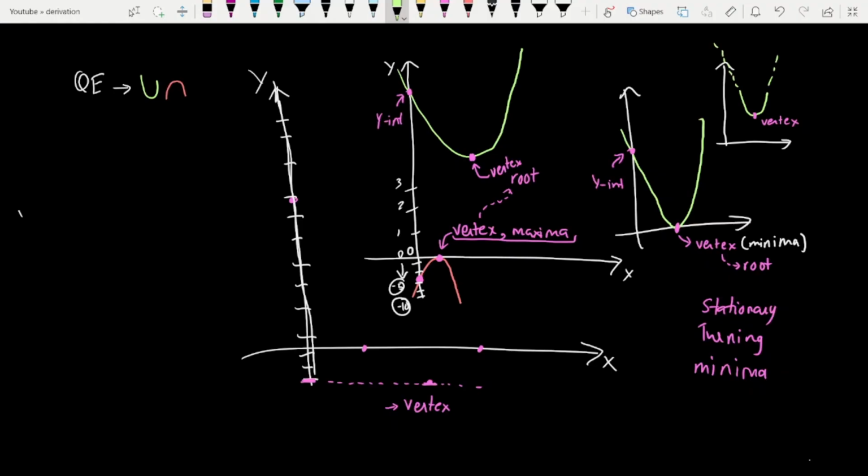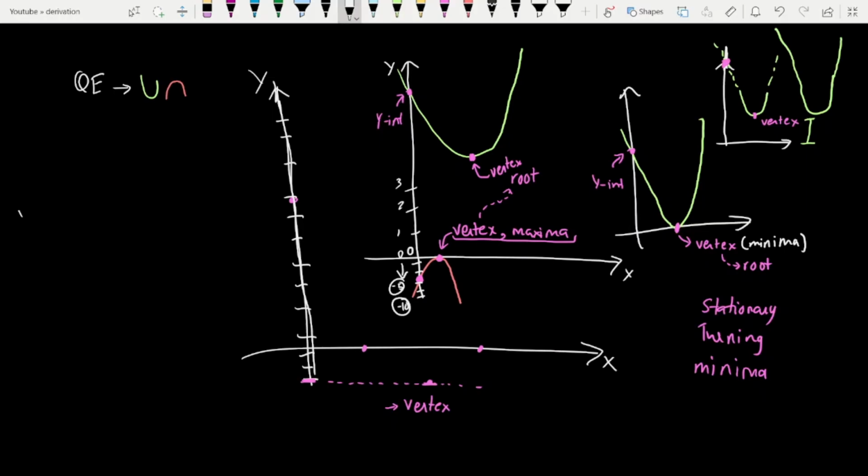So it's highly likely that over here it's going to cross the y-axis, and there's going to be a y-intercept. It's just that this diagram was so small that you could not see the y-intercept. On the other hand, this is clearly not going to have any roots because it's above the x-axis, right? It's going to keep on going over there, but obviously it's never going to be able to cross or touch the x-axis at any spot. So it's going to have no roots.